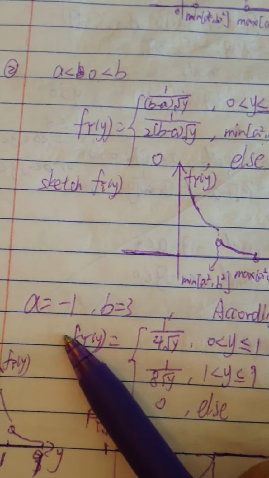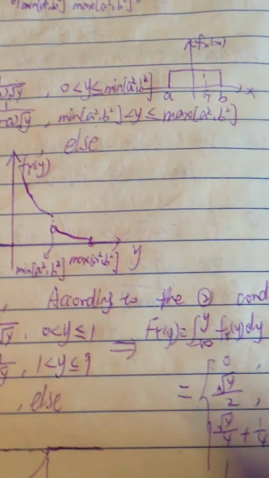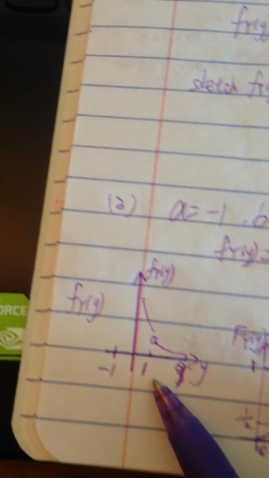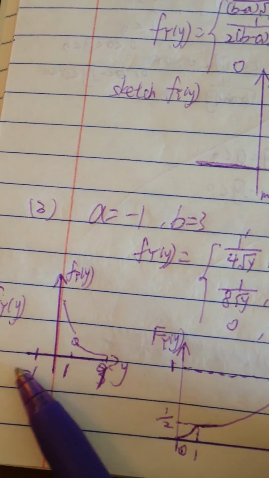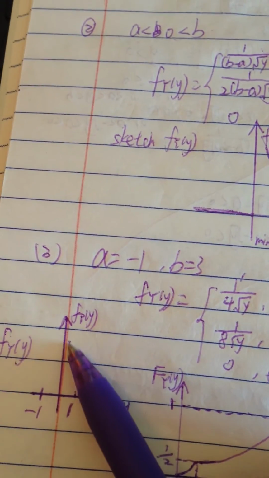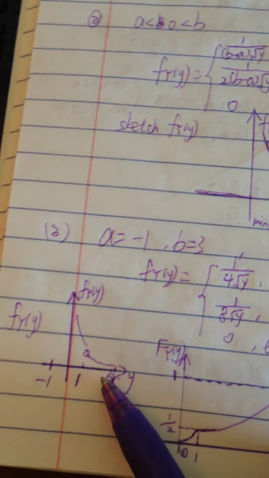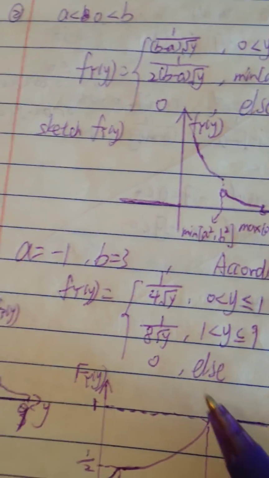So let's sketch the plot of f of y and capital F of y. It's just like this. Between 0 and 1 it is a little bit higher, and between 1 and 9 it is lower. And the capital F of y is like this.